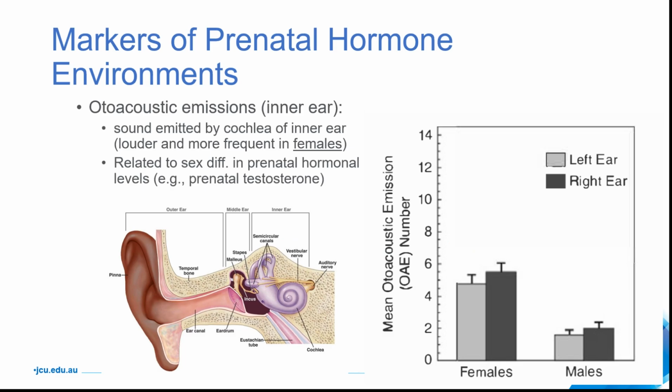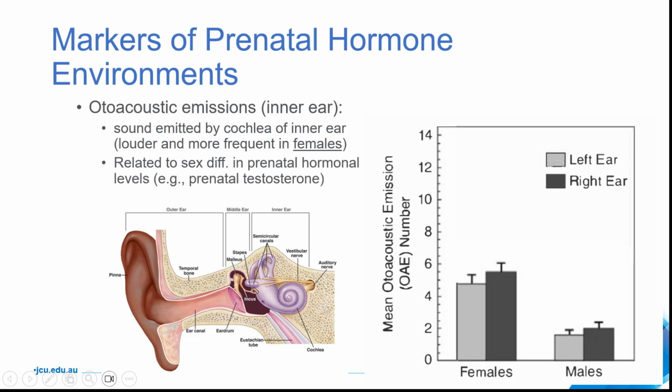Hard to spot. The next one is a bit more reliable and really stands up to replication. This one is much more convincing: otoacoustic emissions. Females tend to emit more, louder and more frequent. That makes females more sensitive to noise than men, on average.